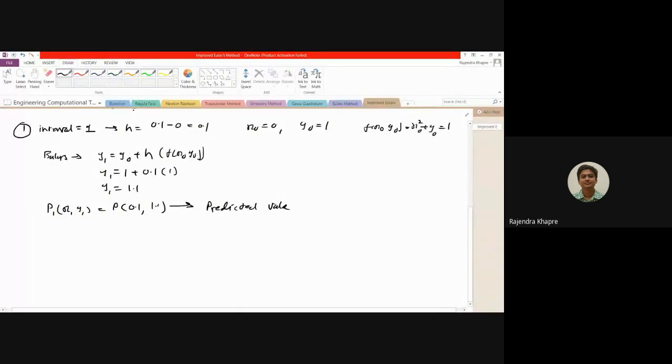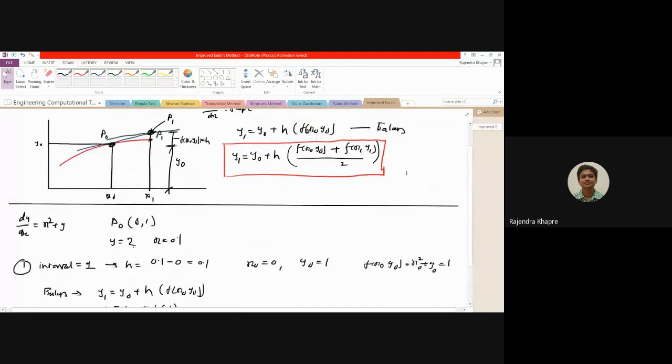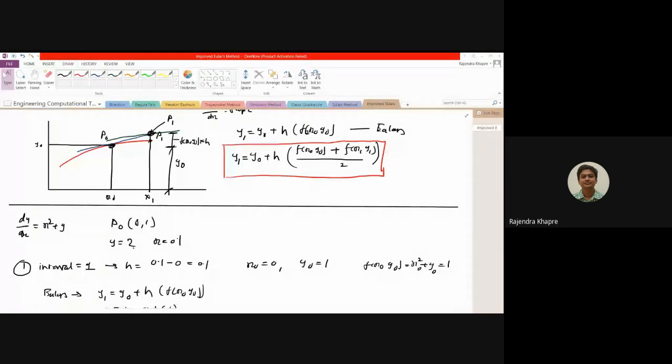Now we have to apply the correction. This is the correction formula: y1 equals y0 plus h into f of x0 y0 plus f of x1 y1, whole divided by 2. So this is the corrected equation.